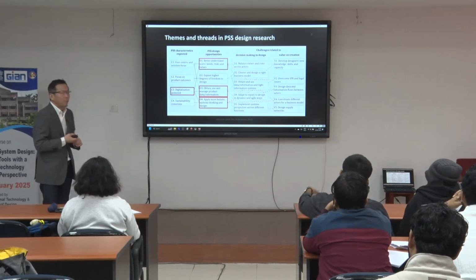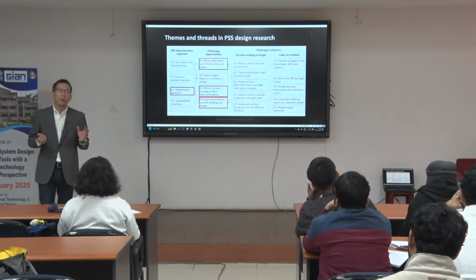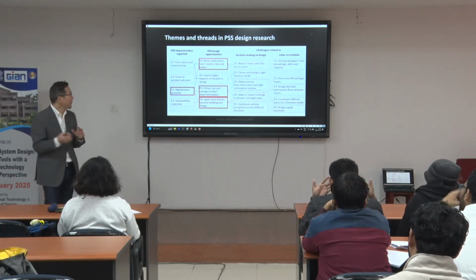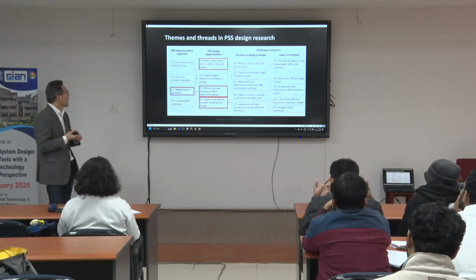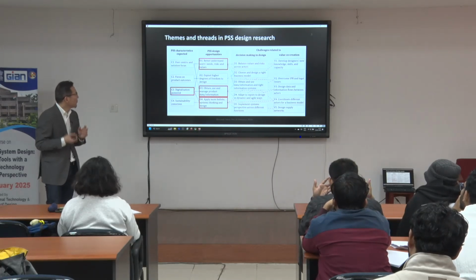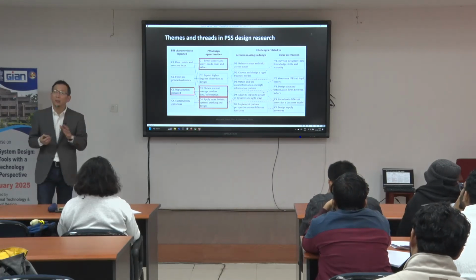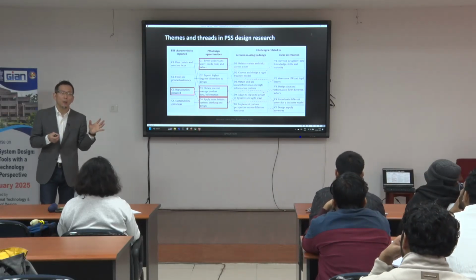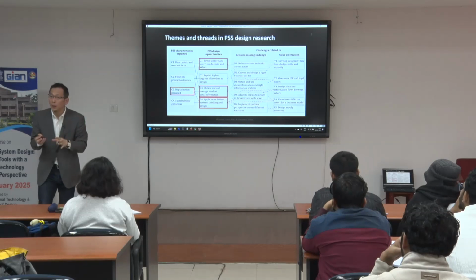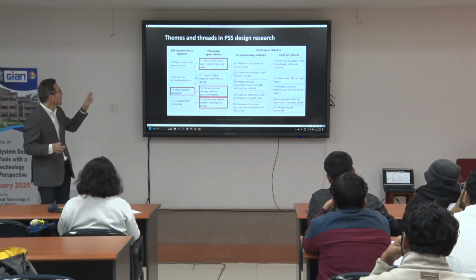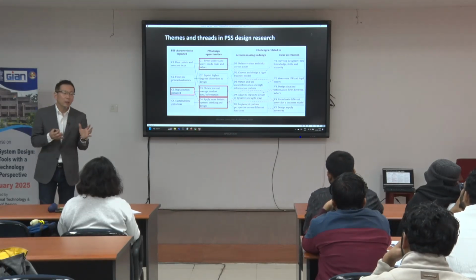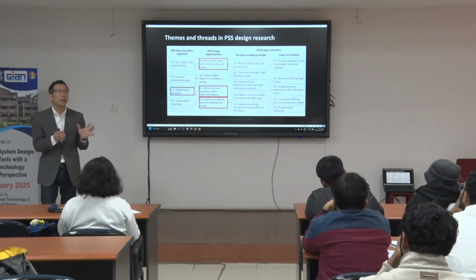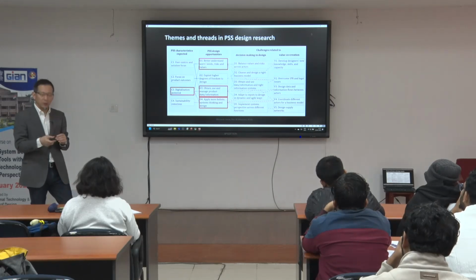And then, by having larger or broader sets of data and information, it's likely to be able to apply more holistic systems thinking and also systems design. In the previous lecture, we talked about systems design in PSS design. So that characteristic of PSS design can be supported by using proper digitalization techniques.